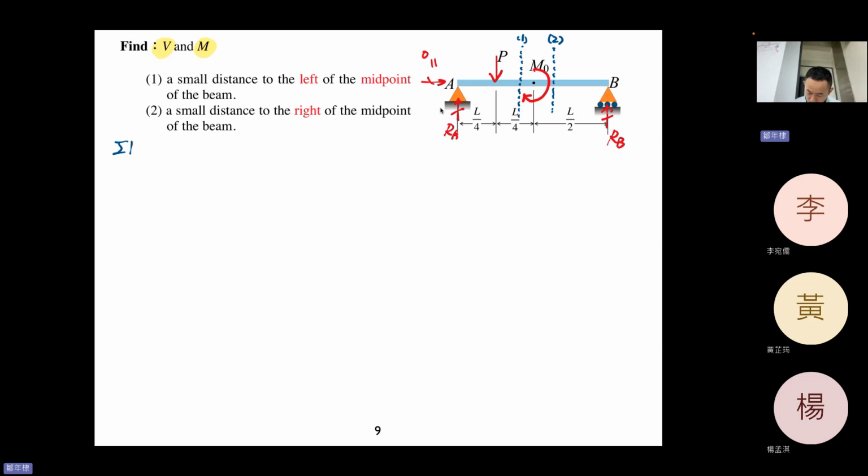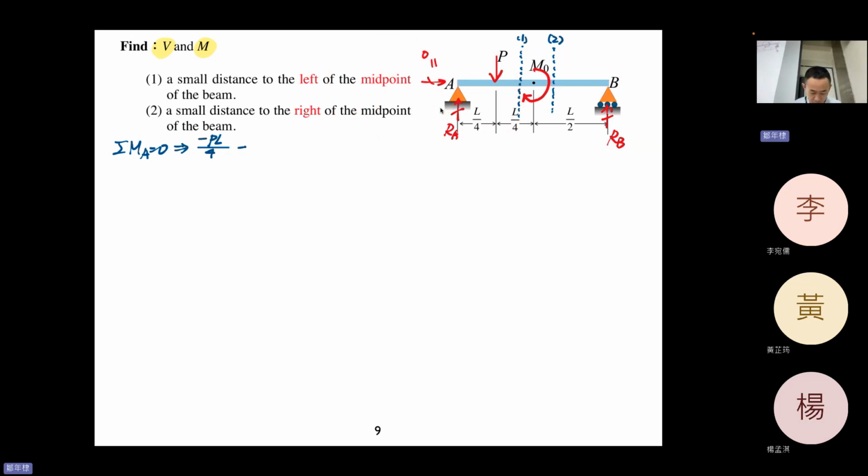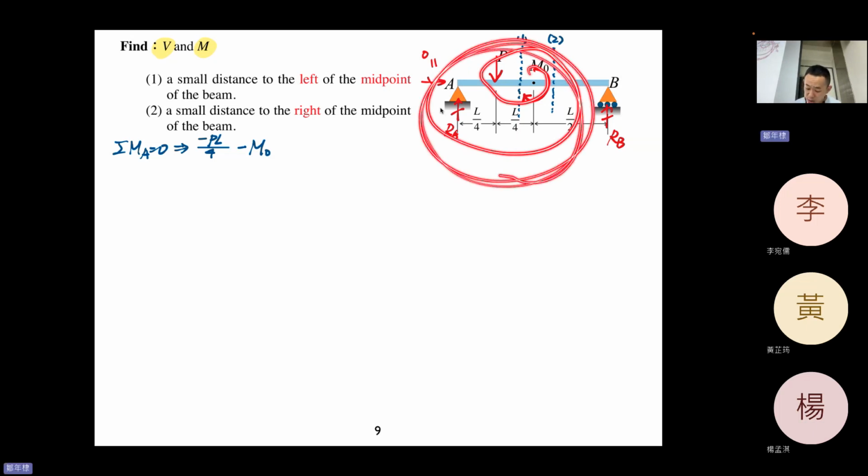Sigma MA equals 0, so minus PL divided by 4. Why minus? Because P rotates about A clockwise, right? So it's minus, and minus M0. You see that M0 is clockwise, so it's minus.